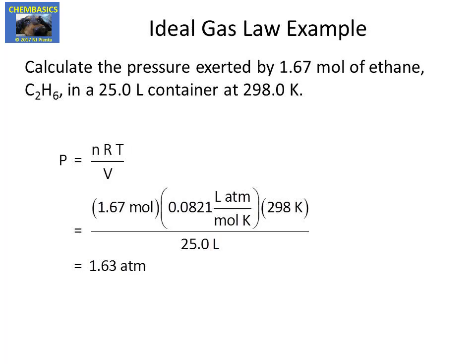Starting with the ideal gas equation, PV equals nRT. If you divide both sides of that equation by V, which you're allowed to do by the rules of identity, you get P is equal to nRT over V. In this particular case, we solve for P by putting in the values for the number of moles, the ideal gas constant R, and the temperature, and then the volume goes in the denominator.